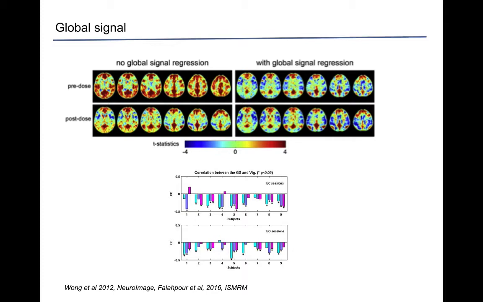So meaning that if you're including global signal in your model, be aware that you're also removing some neural activation from your data. You may benefit from getting rid of some global effects in your data, but on the other hand, you're also removing some neural activation.